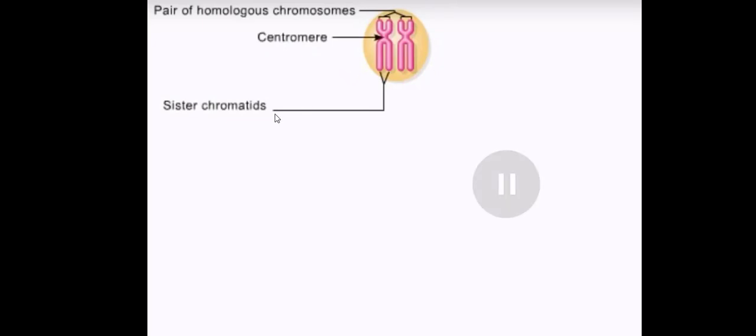This figure represents one homologous chromosome. Each homologous chromosome consists of 4 chromatids. These are 2 sister chromatids that are joined together by a specific structure called the centromere. The centromere does not contain any gene.